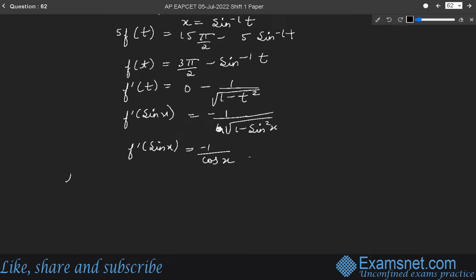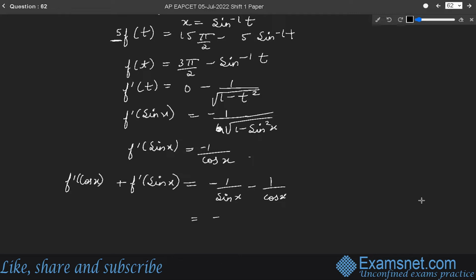Now we have to calculate f dash cos x plus f dash sin x. It will be minus 1 upon sin x minus 1 upon cos x. And remember that we have to multiply it with 5 because there is a term which is 5. So we have taken 5 common. So now we have to multiply it in the RHS.